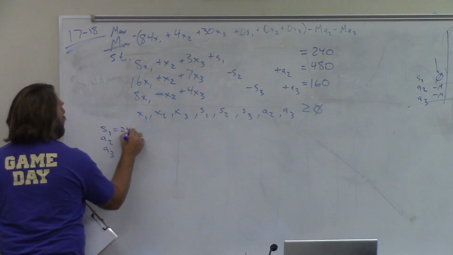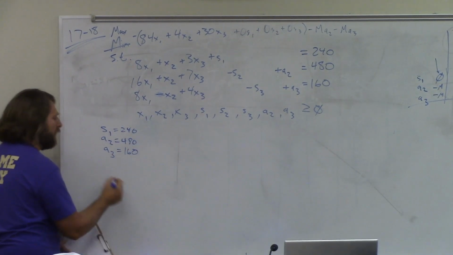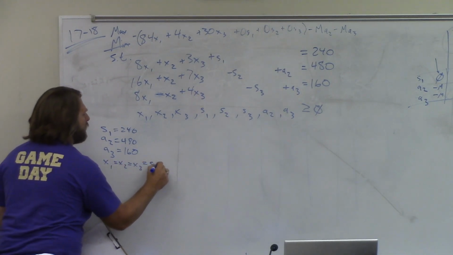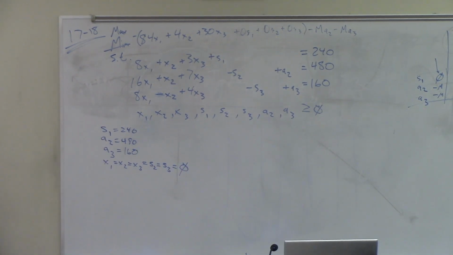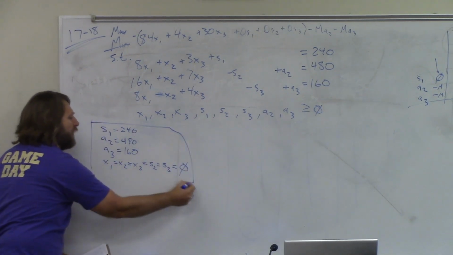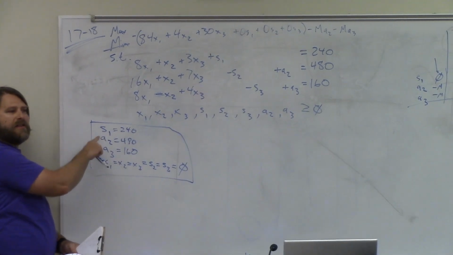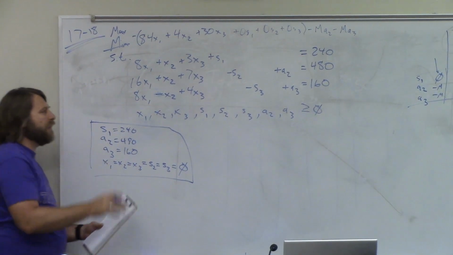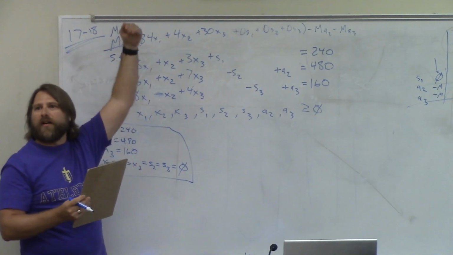S1, A2, and A3, and then the remainder of our guesses, X1 equals X2 equals X3 equals S2 equals S3 equals 0. Right? This is our initial starting condition for our simplex method. And each time we iterate, we're going to change one of these non-zero values for one of these 0 values, and we're going to reevaluate this objective function and try to get it larger and larger and larger until we can't any further.